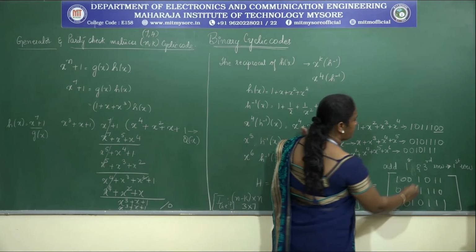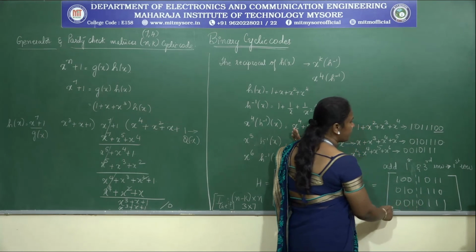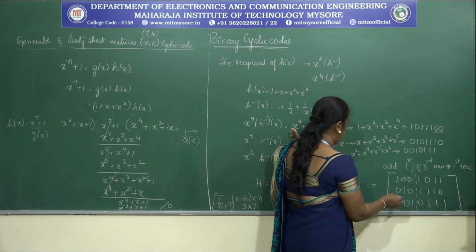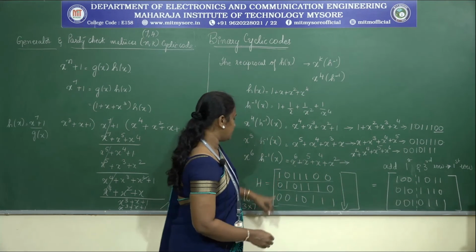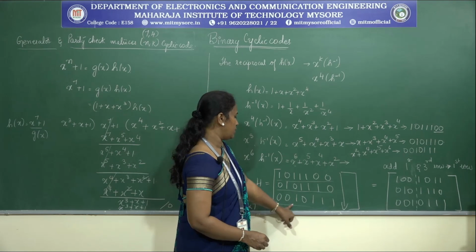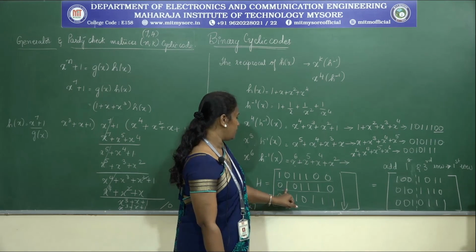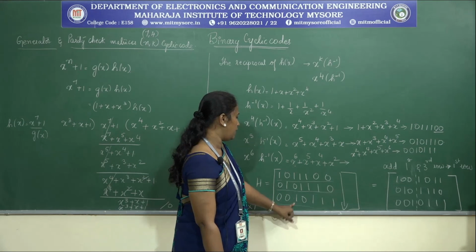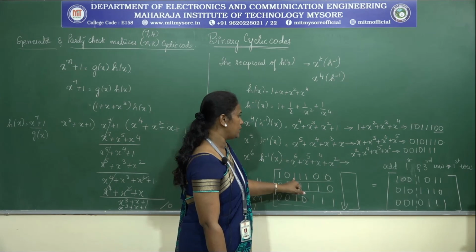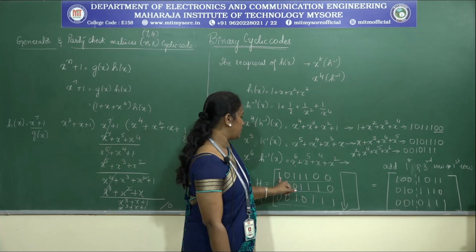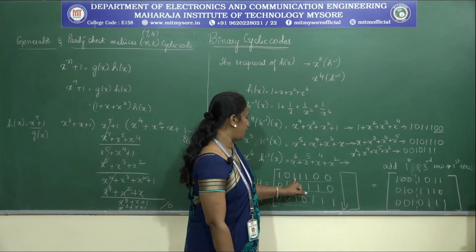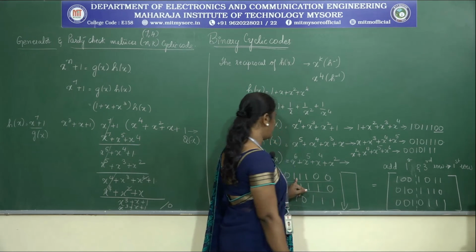In order to represent it in the standard form, we need to perform a row operation. By looking at this, only the second and third rows are in the standard form of the identity, that means 0, 1, 0 and 0, 0, 1. So only row 1 has to get changed, that is 1, 0, 1 has to get changed to 1, 0, 0.